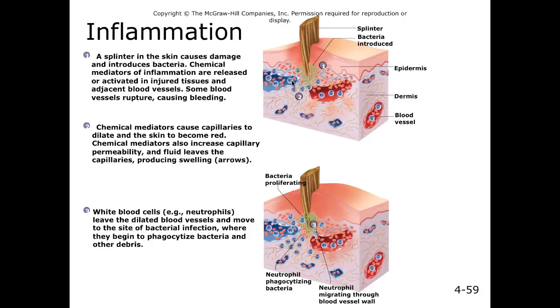So water is going to follow these proteins by osmosis. So along with the cells, water moving into the area, our proteins being there as well, this is all causing the edema and all the swelling. So we have increased pressure in this area, and that causes pain. It's putting pressure on our free nerve endings that sense for pain.